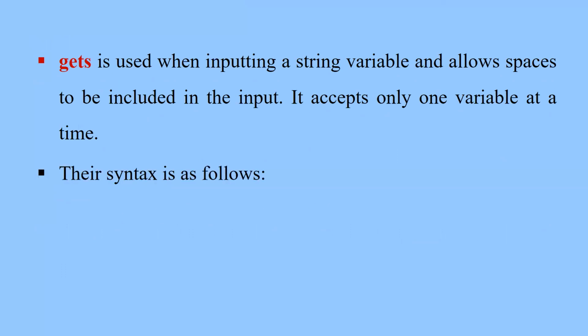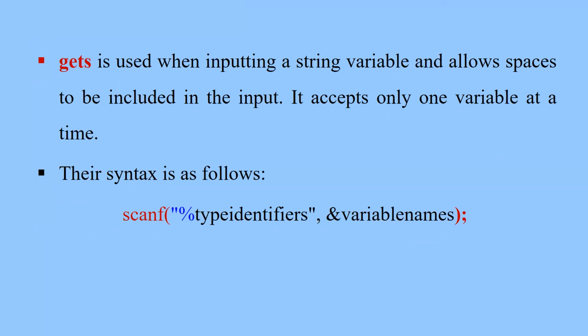Their syntax are as follows. So this is how you do it in C. Scanf, opening parenthesis. Now, this sign here for percentage, like percentage T, it's an identifier for a certain type. So for example, percentage type identifiers, comma, memory address operator, variable names, you close the parenthesis, then semicolon.